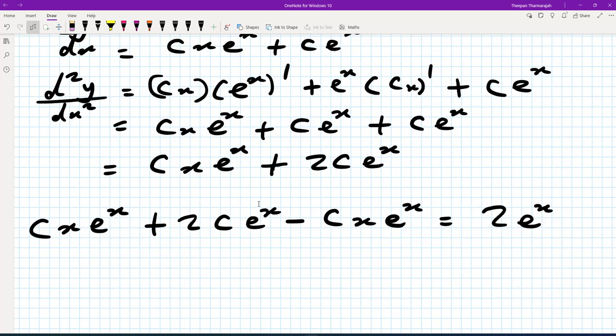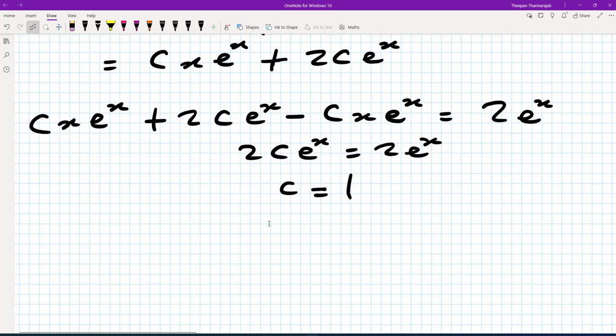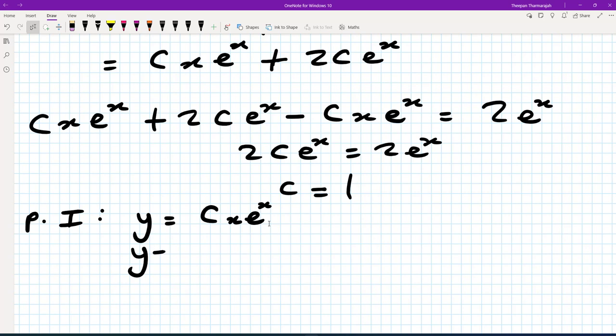So c x e to the x minus c x e to the x simply gives me 0. So I get 2c e to the x is equal to 2 e to the x, hence c must be equal to 1. So I can write my particular integral as y equals c x e to the x. In our case, y is 1 x e to the x.